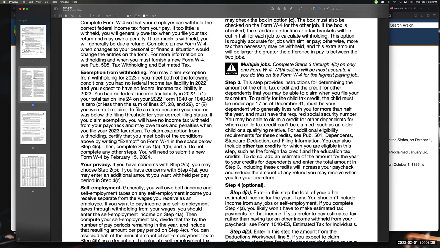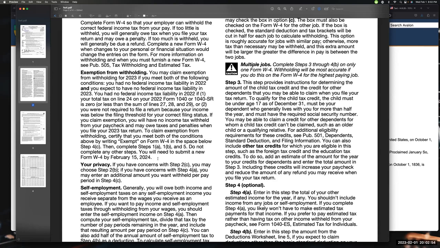Then complete Steps 1A, 1B, and 5. Do not complete any other steps. You will need to submit a new Form W-4 by February 15th of 2024.